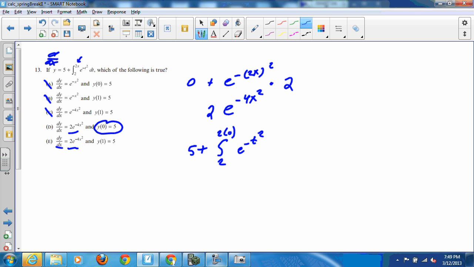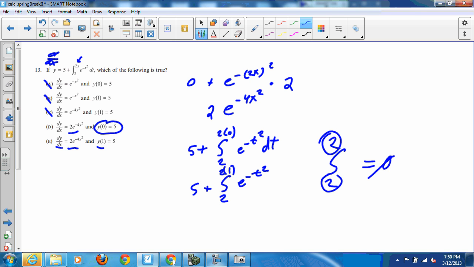So there's not really much we can do on that. Let's plug in the second answer choice. I think you'll see something cool here. So we have x equals 1, right? So we have 2 times 1. And lo and behold, 2 times 1 is 2. So anytime you have an integral of whatever the function is, if you're evaluating it at the same points, it just equals big fat 0. So this tail end becomes 0, so it is equal to 5.